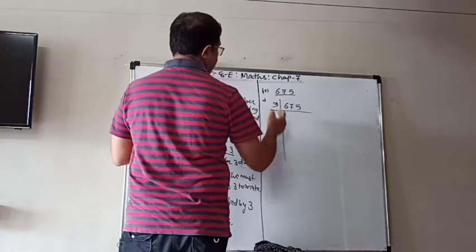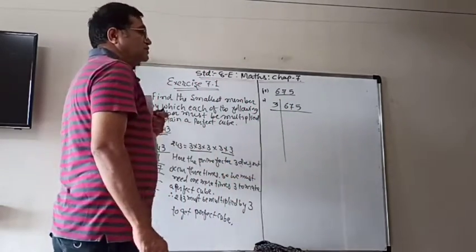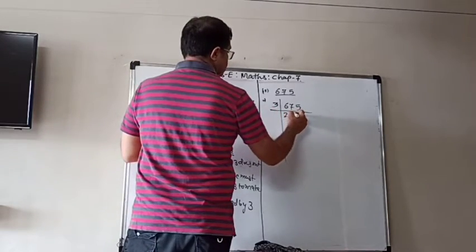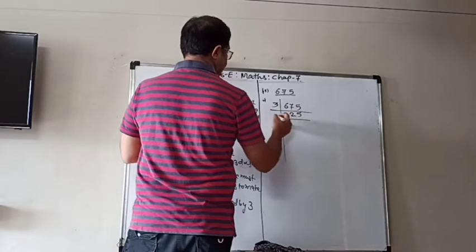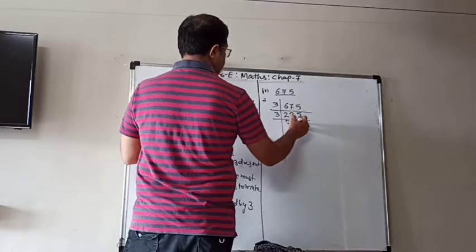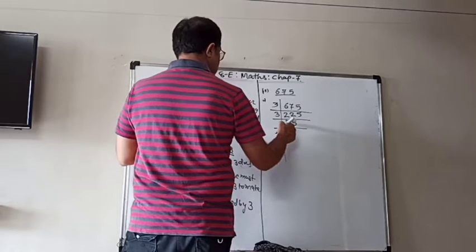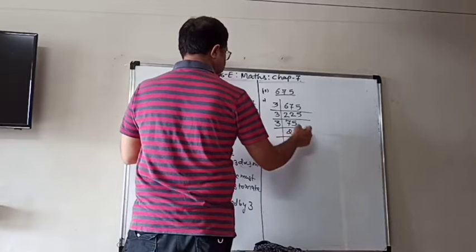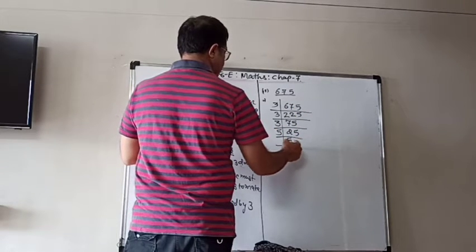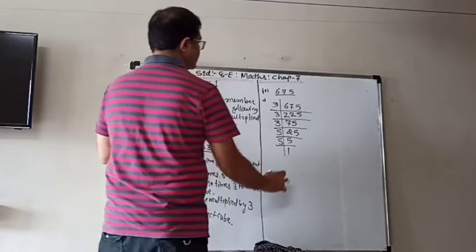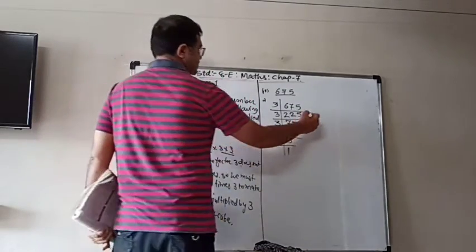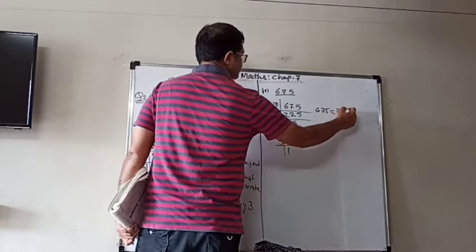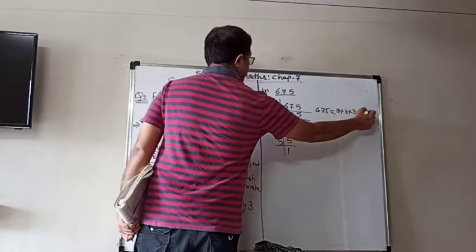Now it is also divisible by 3 if you apply the divisibility rule. 3 2s are 6, 3 5s are 15, 3 7s are 21, 3 5s are 15, 3 2s are 6, 3 25s are 75, 5 5s are 25 and 5 1s are 5. So here 675 is equal to 3 into 3 into 3 into 5 into 5.